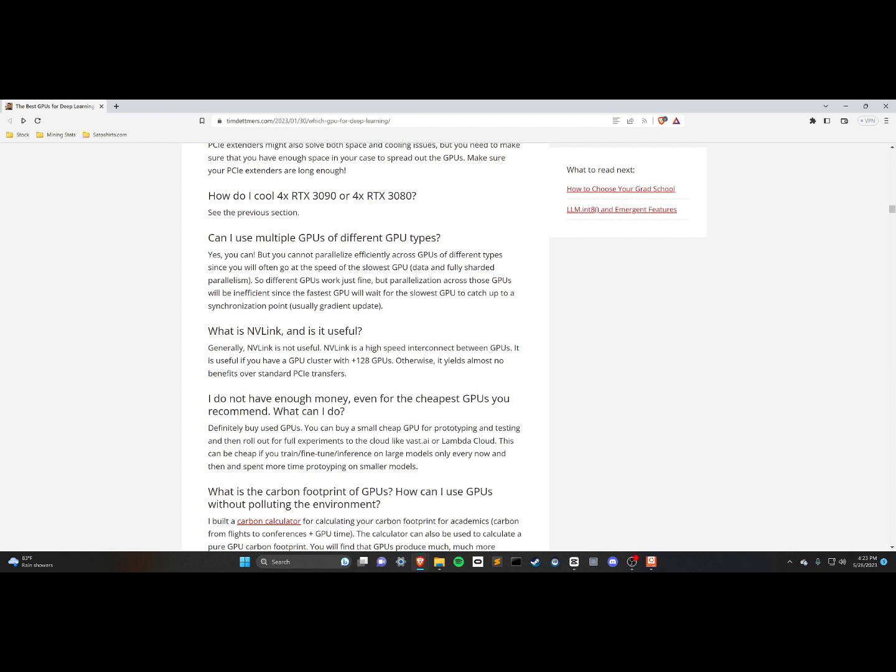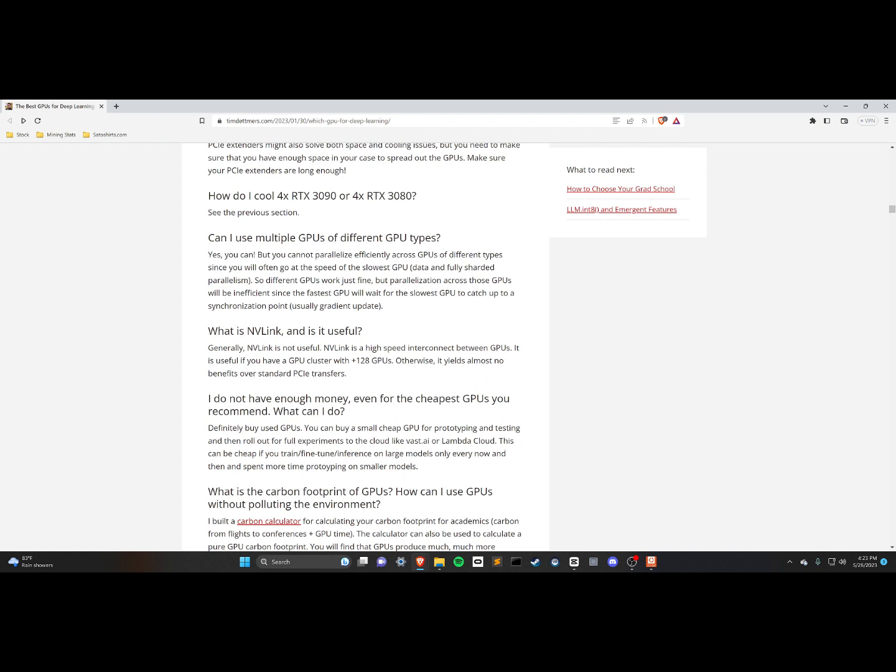So that's what I was talking about earlier, where that 96 kilobytes is going to be the speed that a 30 series card is going to go if it's in the same rig as another 20 series card. So keep that in mind.